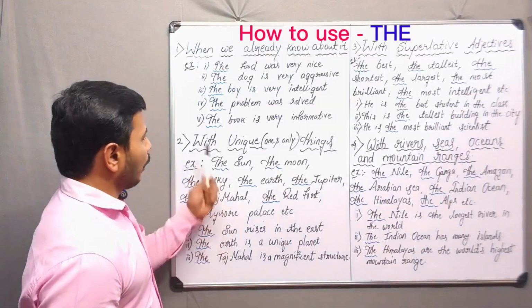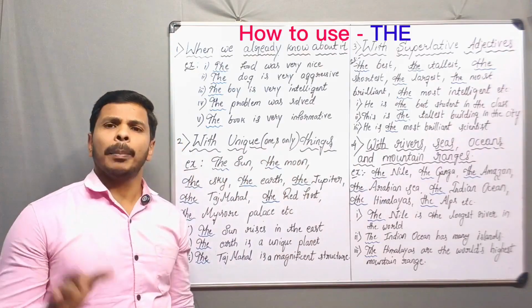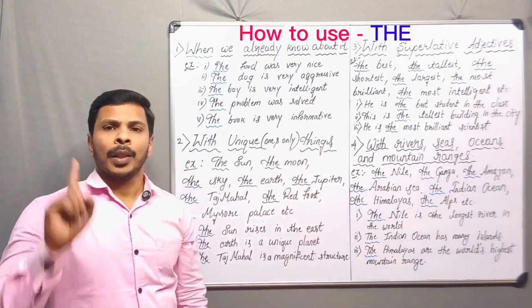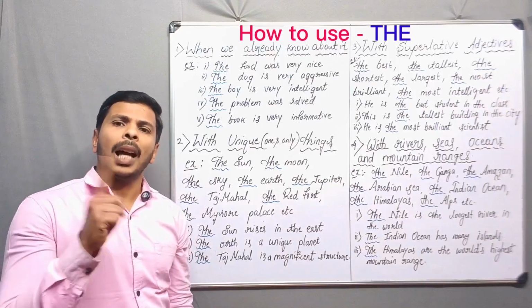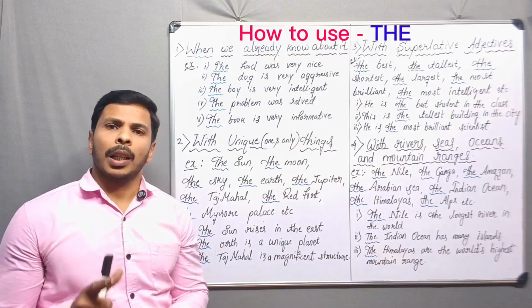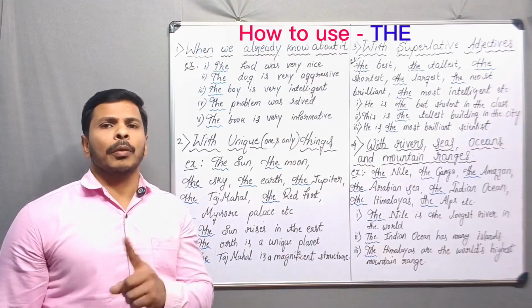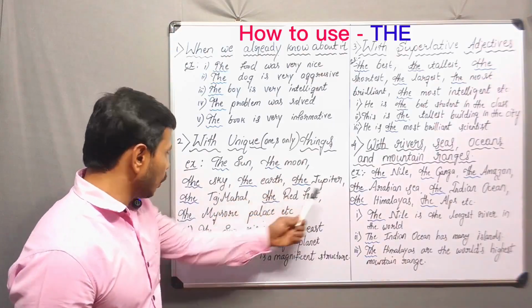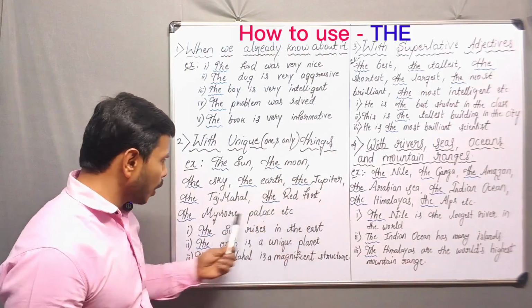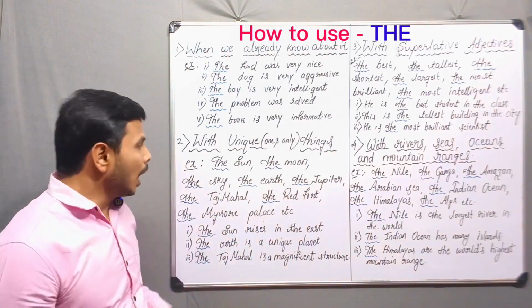The second rule, with unique things. What do you mean by unique? One and only. That kind of thing, only one should exist in this world. There should not be another one of that kind. So when we mention those kinds of things, we use "the". For example, sun, moon, sky, earth, Jupiter, Taj Mahal, Red Fort, Mysore Palace, some of the examples I have got here.